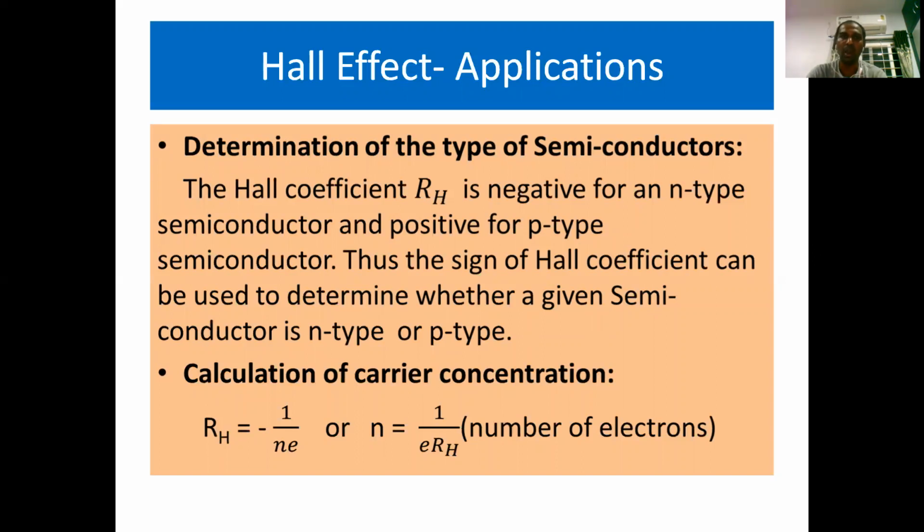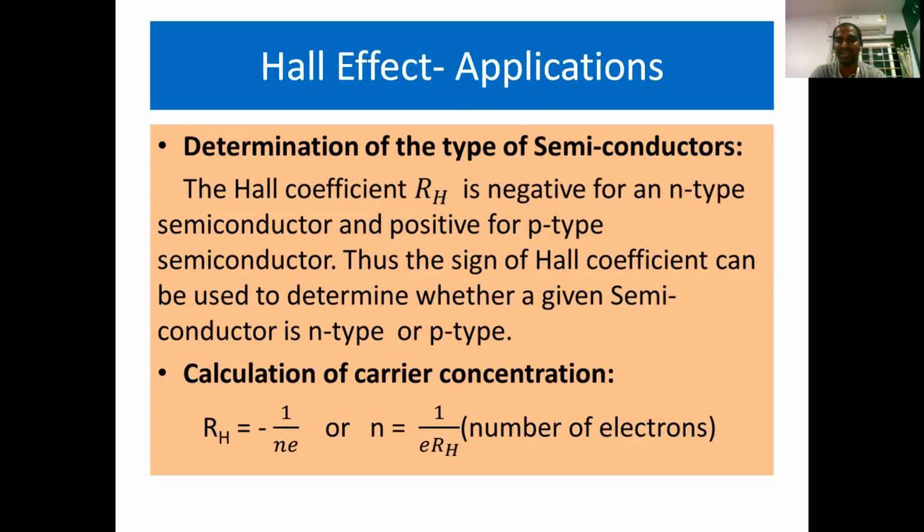a semiconductor. The Hall coefficient RH is negative for an n-type semiconductor and it is positive for a p-type semiconductor. That means without testing the semiconductor which is given to you, you are able to identify the type of semiconductor, whether it is n-type or p-type, by observing the sign of the Hall coefficient.